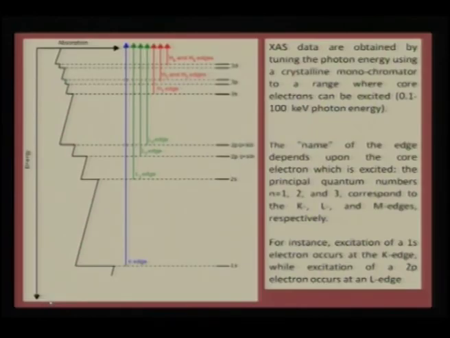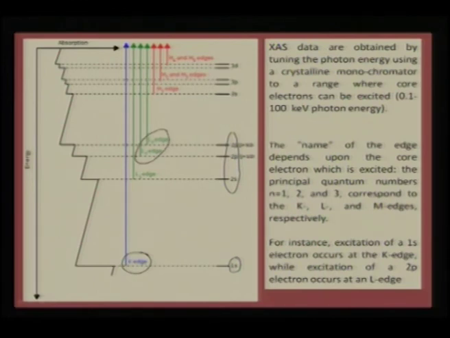Now, when we talk about edges, we are talking about different transitions that can happen. If K edge is happening, then the electron from 1s is excited, and therefore, we call this a K edge. If it is L, then it can involve both 2s and 2p, but we differentiate between L1, L2 and L3. L1 is typical for 2s electrons getting to the continuum, or it could be 2p 1 by 2 or 2p 3 by 2. So, both these are characterized by L2 and L3.